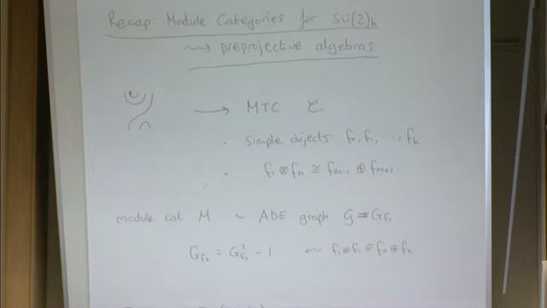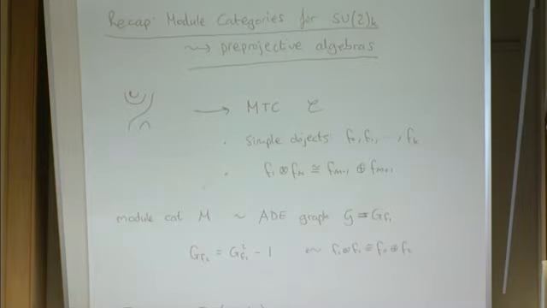And this modular tensor category has simple objects F0, F1 up to Fk, where here we're taking q to be a k plus 2th root of unity. And these simple objects are essentially Jones-Wenzl projections, and they satisfy the fusion rules of SU2, which Alistair showed us.